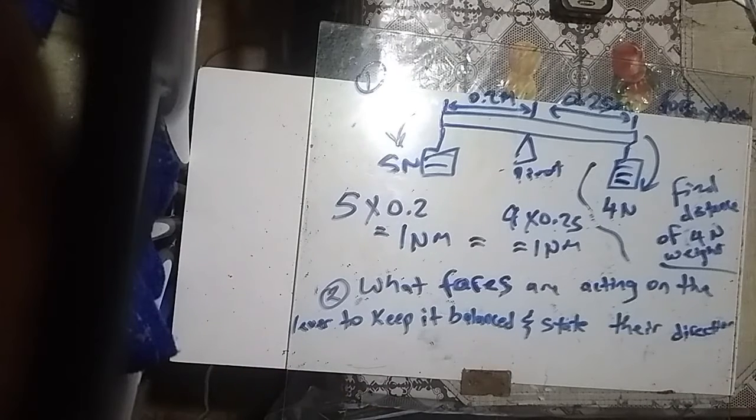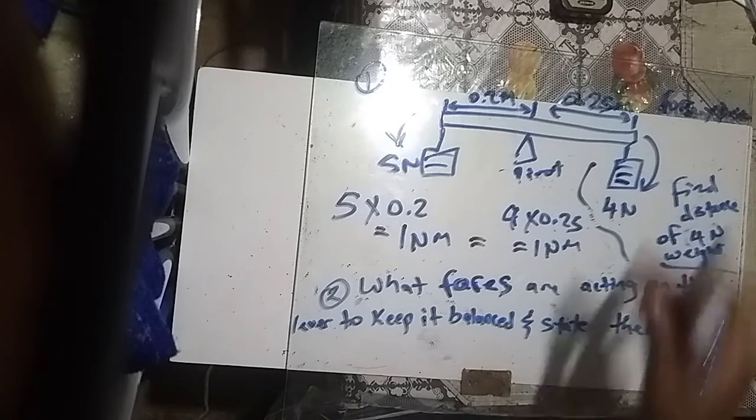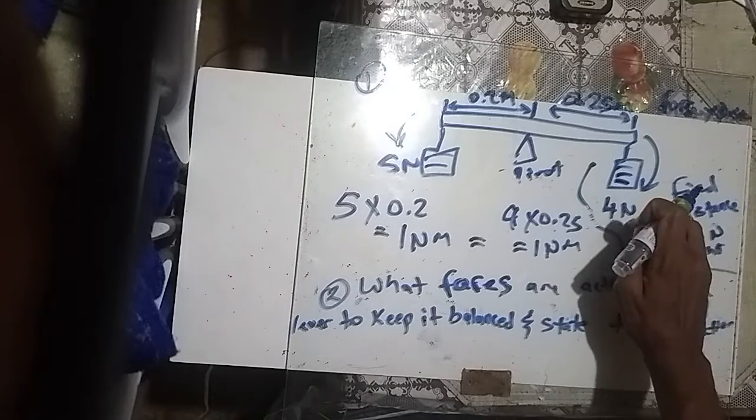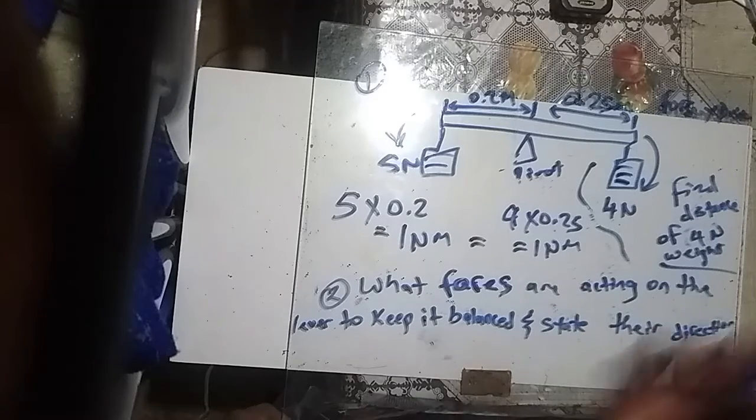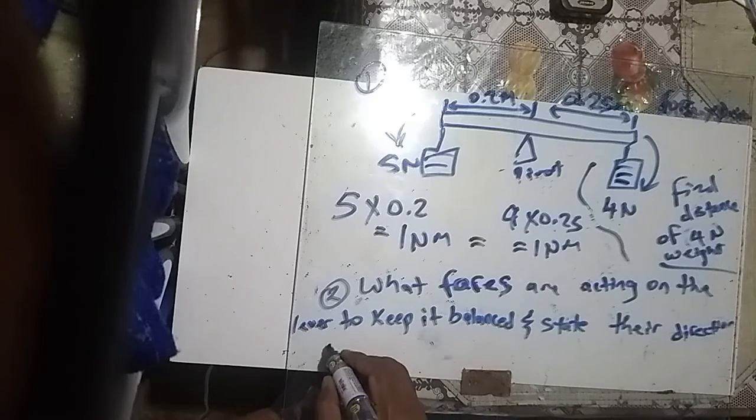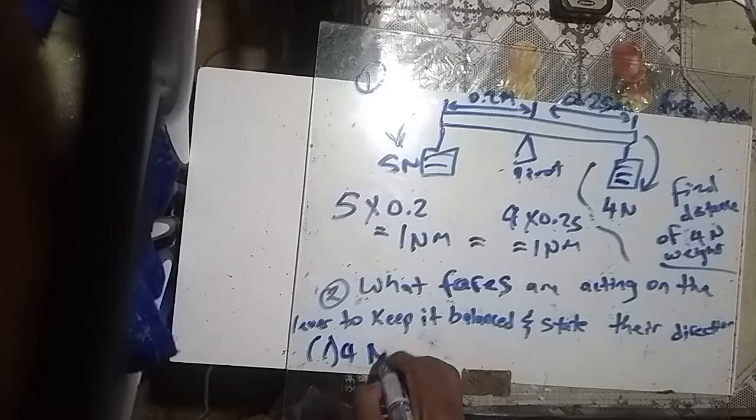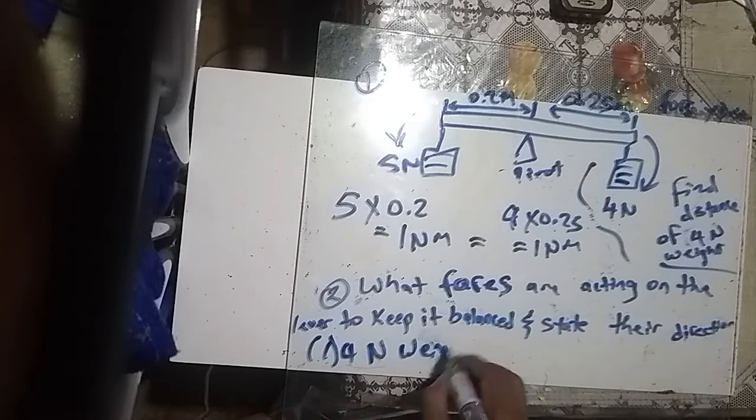Now, three forces are acting on this thing to keep it balanced, guys. Three forces are acting on this thing to keep it balanced. The first force acting on it is the 4 Newton weight. Weight is actually a force, right? So, first force, 4 Newton weight.